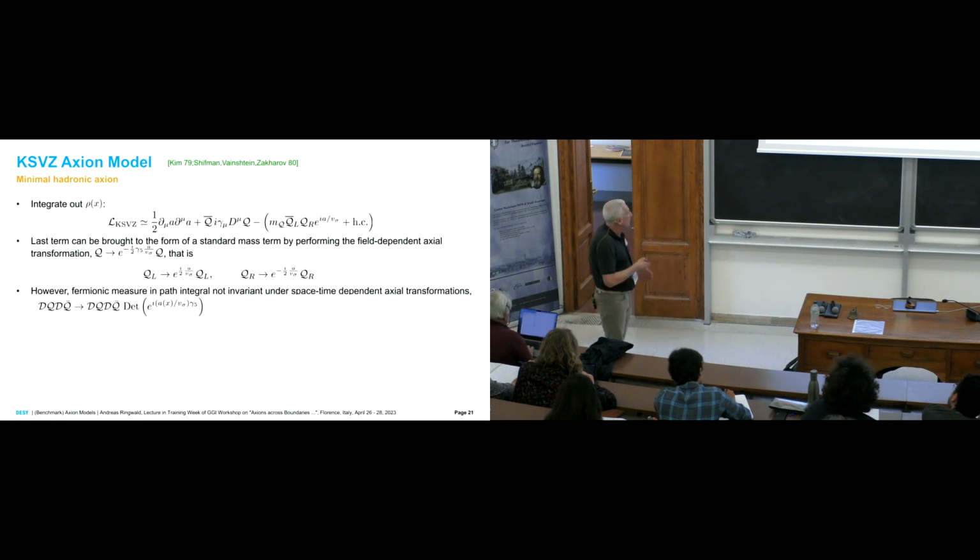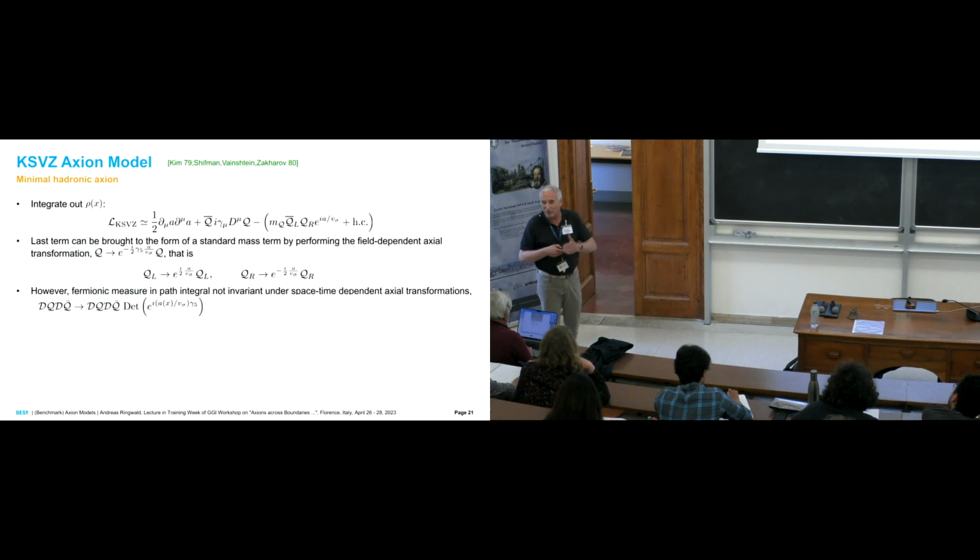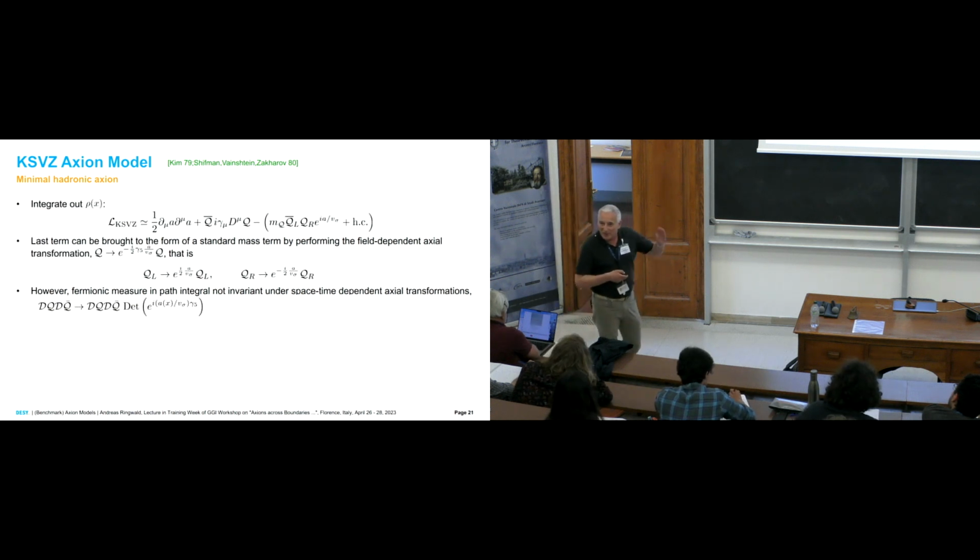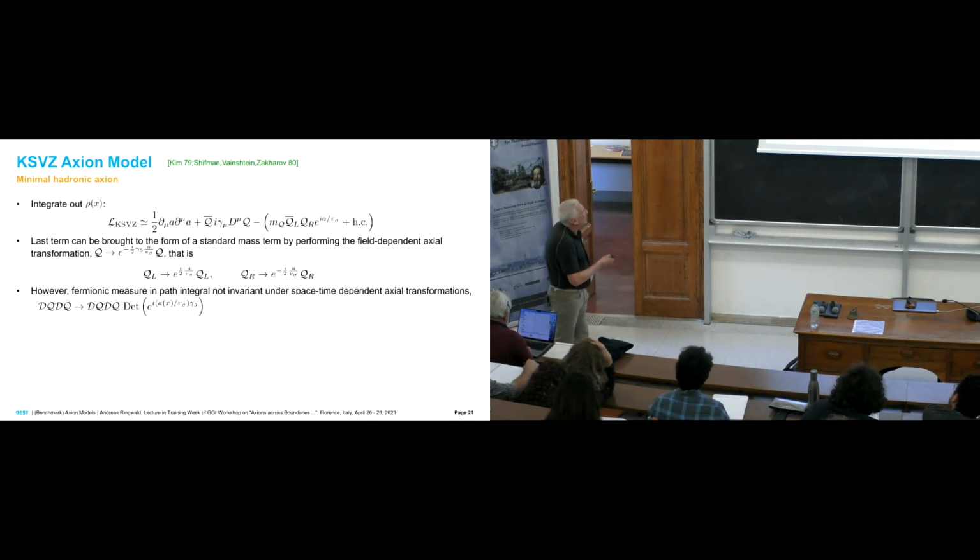It's always proportional to the determinant of the eigenvalues, rather than 1 over the determinant or the square root of the determinant. So it should be proportional to the determinant of this transformation, this e to the i a of x v sigma gamma 5.